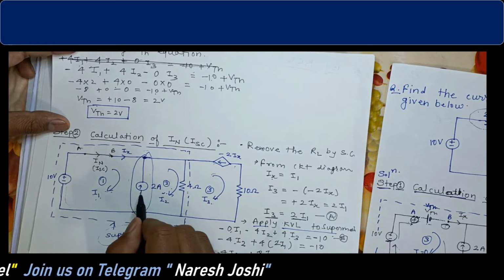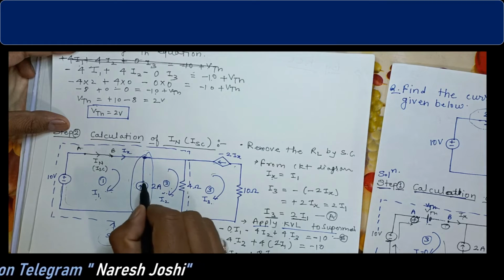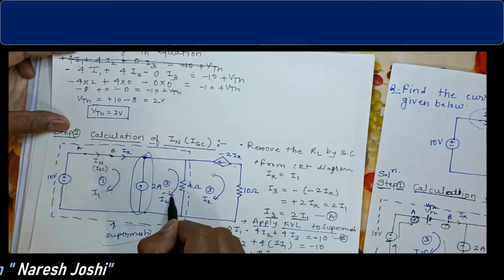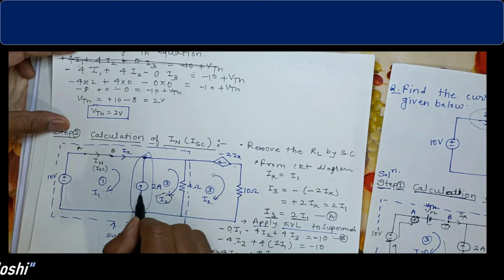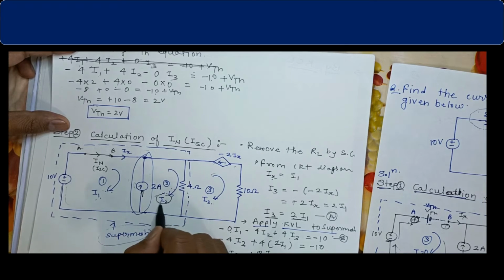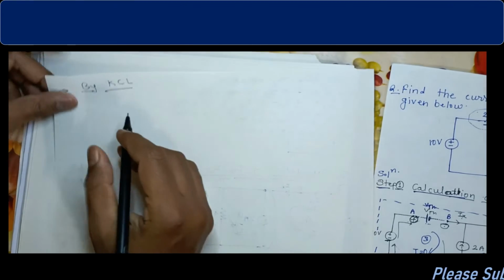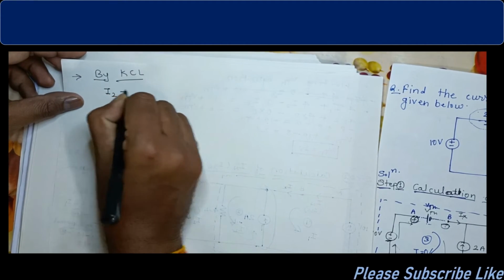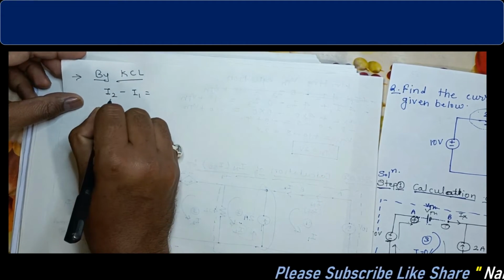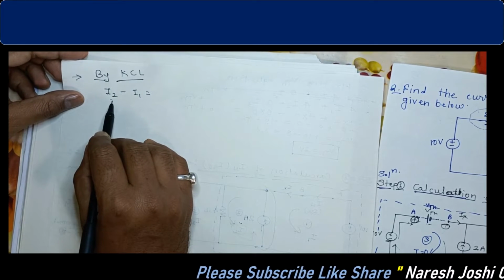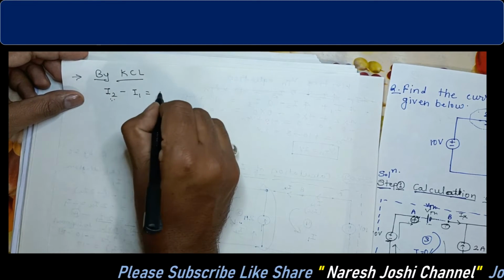So we will write which direction of this arrow is matching with this current. It is matching with I2. It is in the upward direction, and I2 is also in the upward direction. So here we will write I2 first: I2 minus I1. Why am I writing I2 first? Because the direction of the given current source matches with I2. So that's fine. And what is the magnitude?